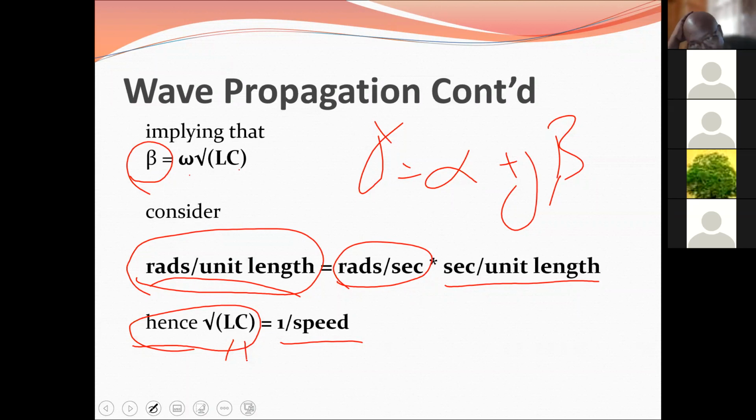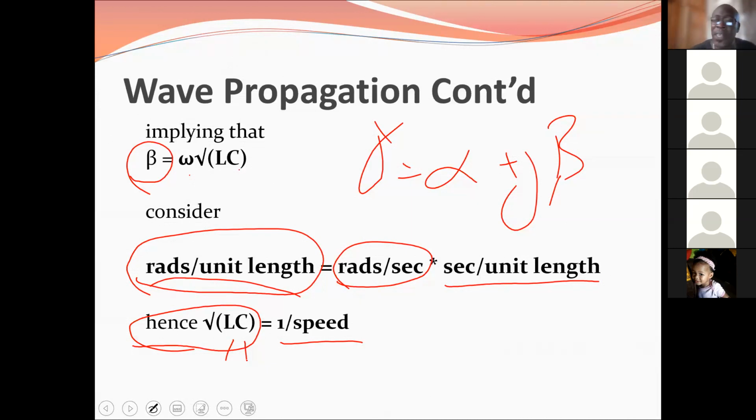Refraction occurs. You have some reflection also. So you're going to have reflection and refraction, and the reason for that is because it moves at different speeds in the different media.